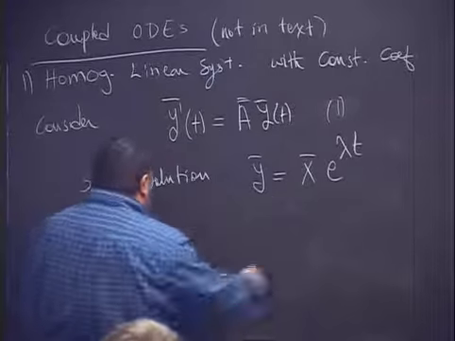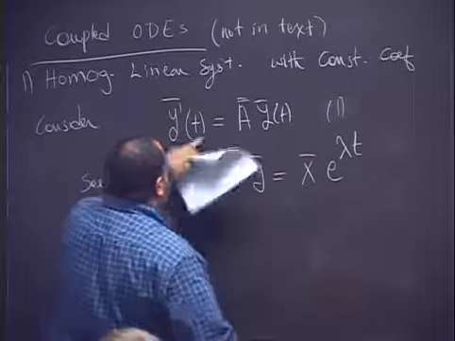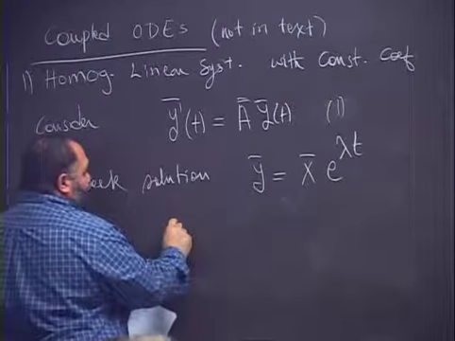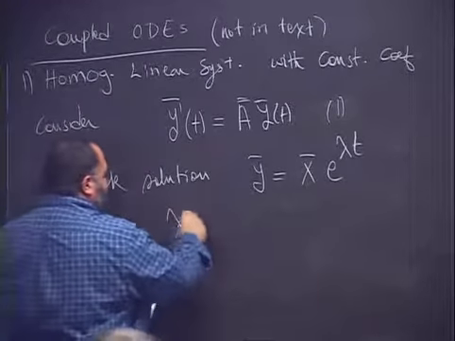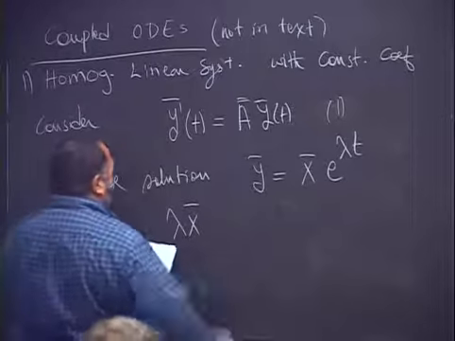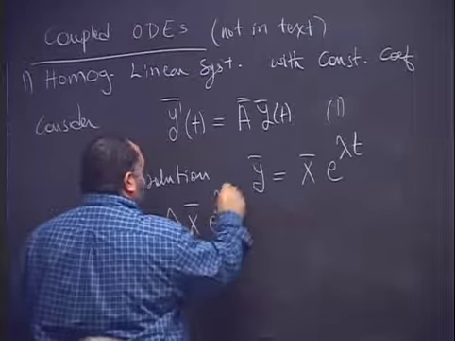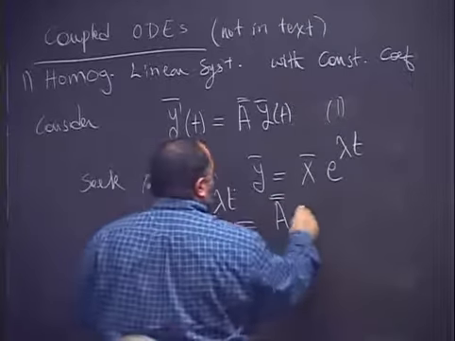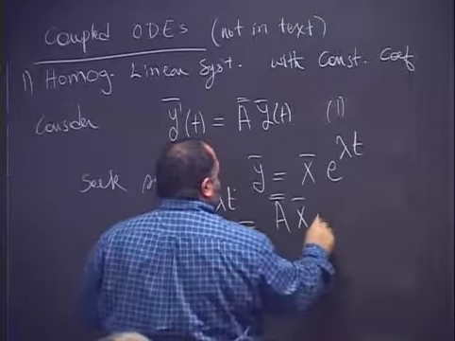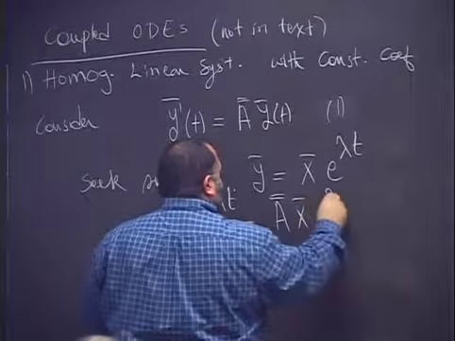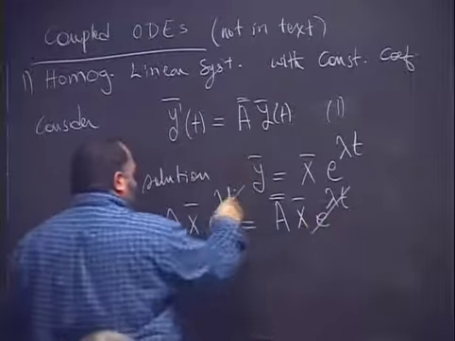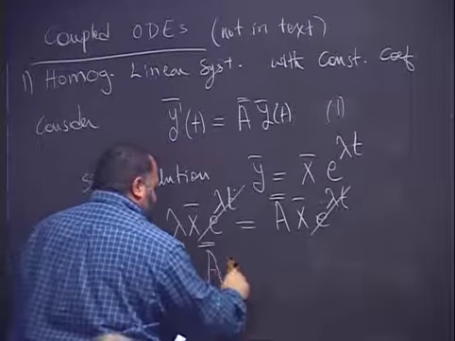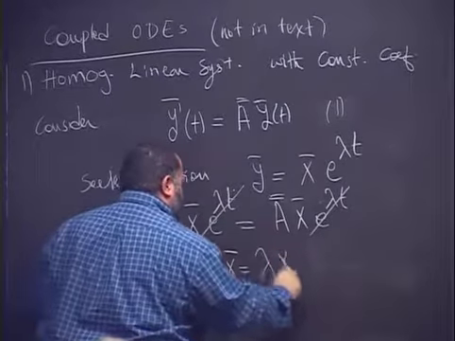So if you substitute this in this equation, y prime will be lambda multiplied by the vector x e to the power of lambda t, equal to A multiplied by x e to the power of lambda t. E to the power of lambda t will cancel with e to the power of lambda t, and you will have Ax equal to lambda x.